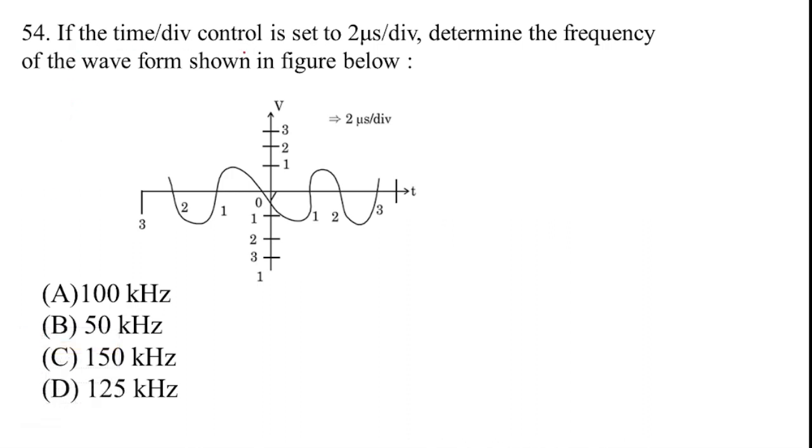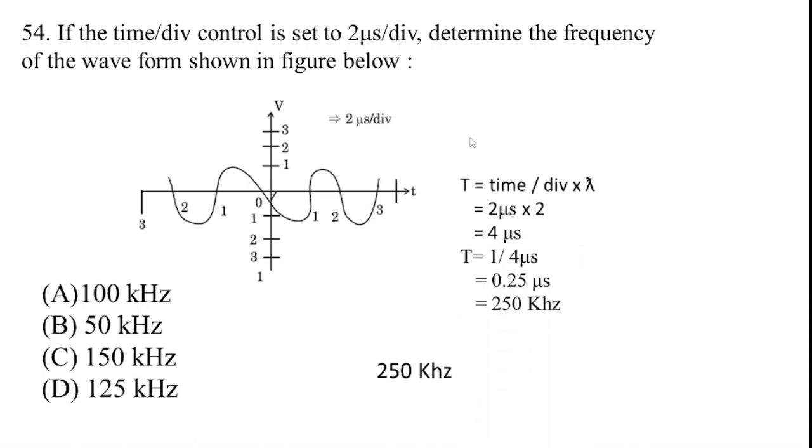If the time division control is set to 2 microsecond, determine the frequency of the waveform shown below. Here is the CRO, cathode ray oscilloscope, reading, with the time axis. To calculate the frequency, the time per division knob is set to 2 microsecond.